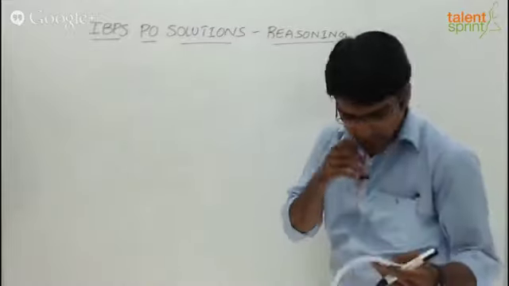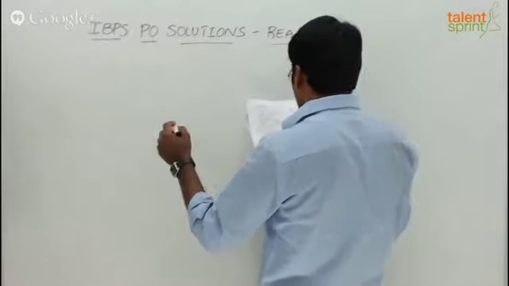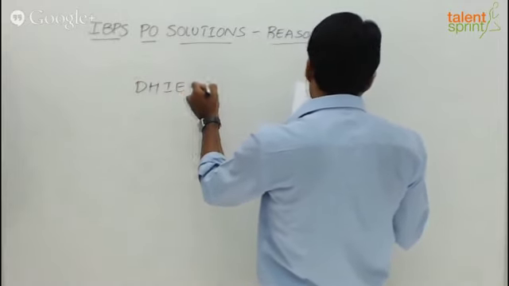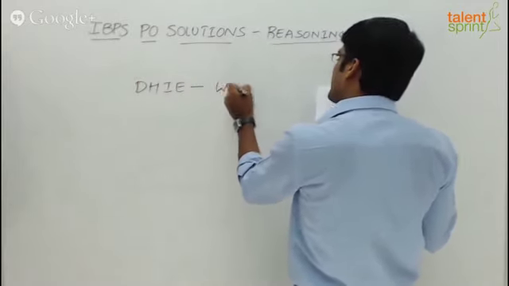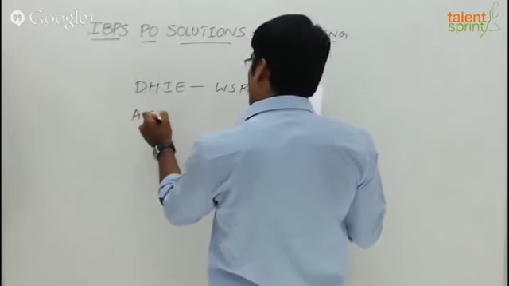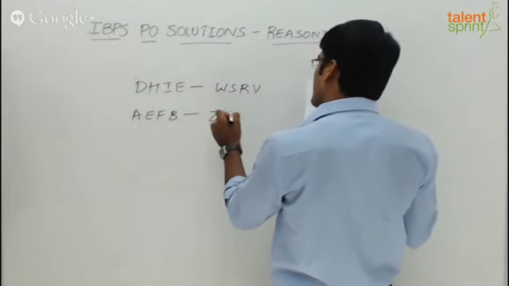Let's look at one more question from coding and decoding. Now look at this one. In a certain code language, DHIE is coded as WSRV, AEFB is written as ZVUY.